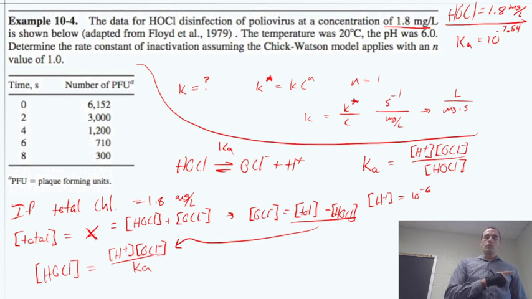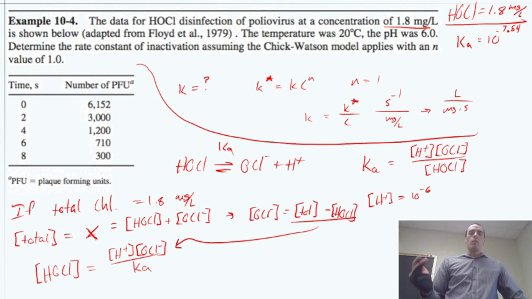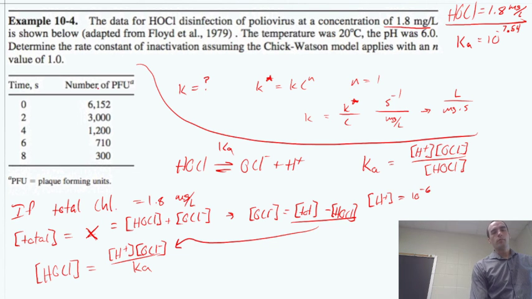So going back to just the data, what we have here is time as the x-axis, and we have the number of pathogens as a second column, number of plaque-forming units in this case.